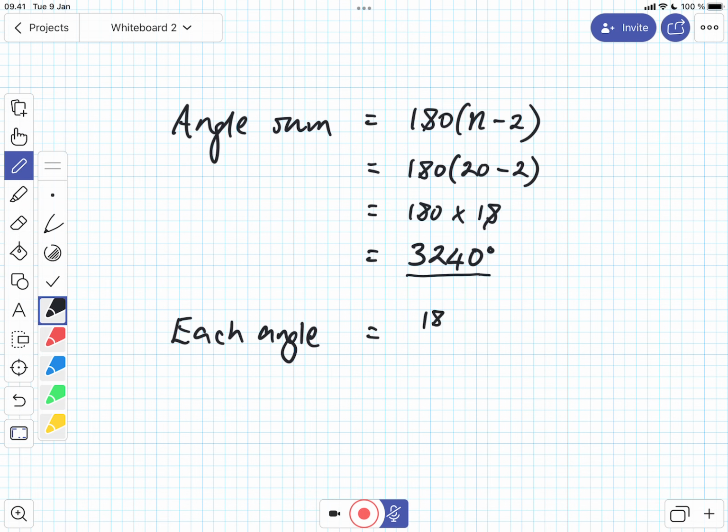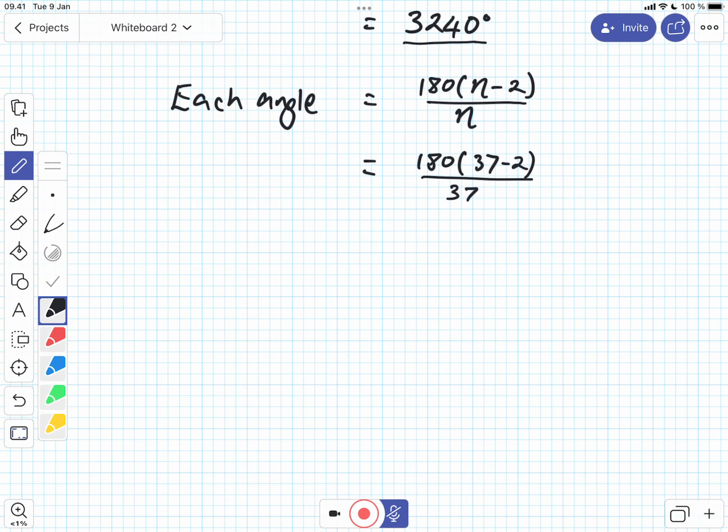So it's 180 times the number of sides minus 2 to get the angle sum, but then divided by the number of sides to get each angle. So we're talking about 180 times 37 minus 2 to get the angle sum, and then divided by 37, divided by the number of sides.